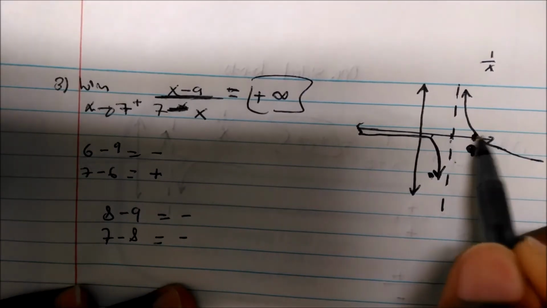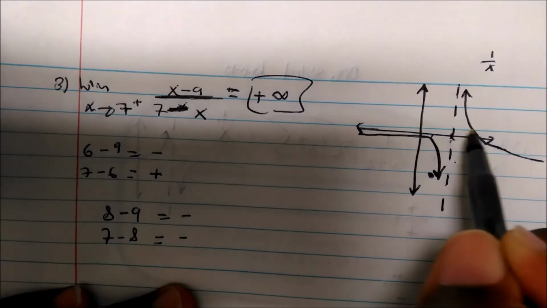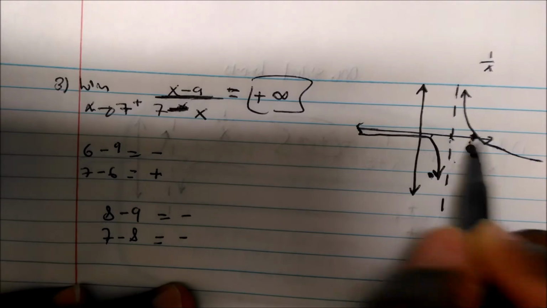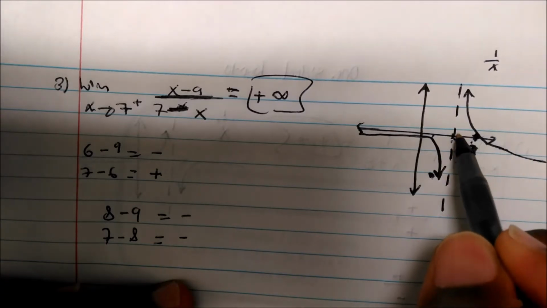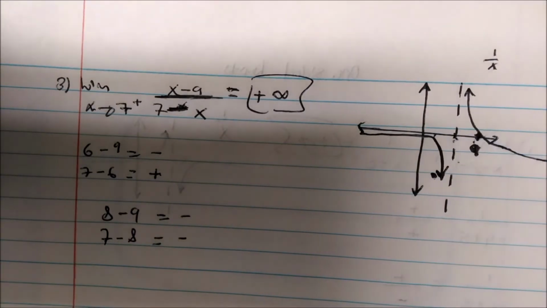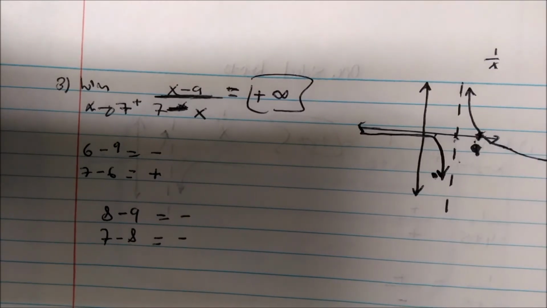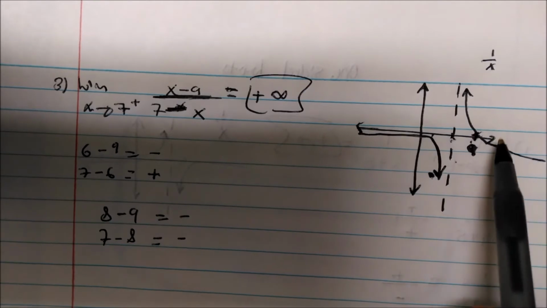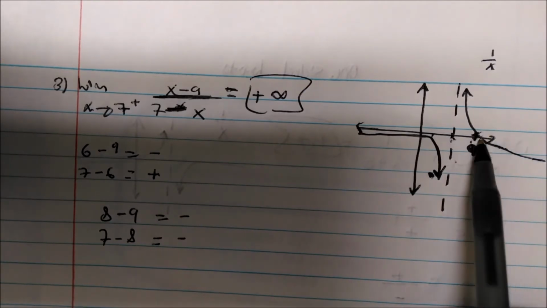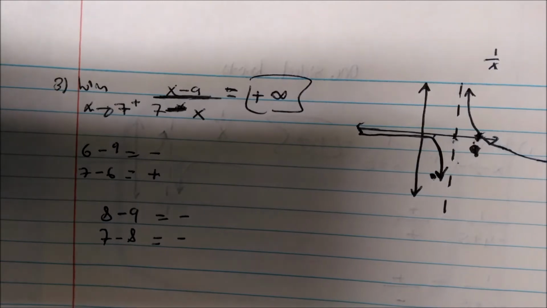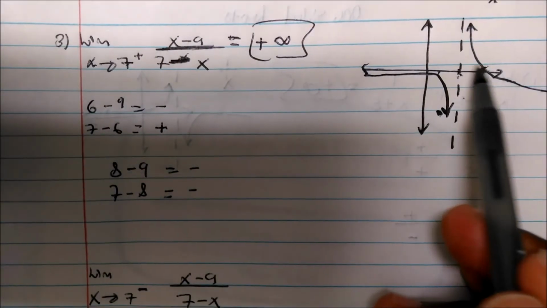So you want to plug in a number in the interval between 7 and 9 where the x-intercept is, not just any number above 7, because once the graph passes 9, you have a negative. So be mindful of that. The intervals matter. This x-intercept is very important.